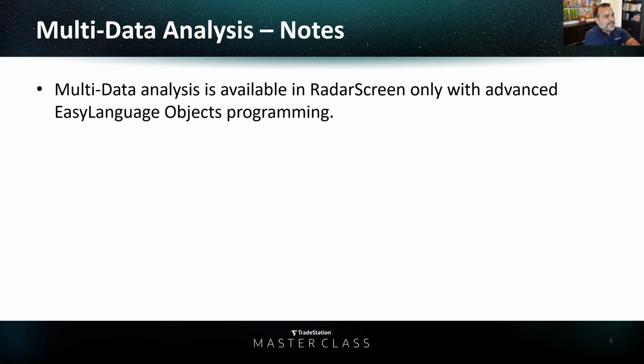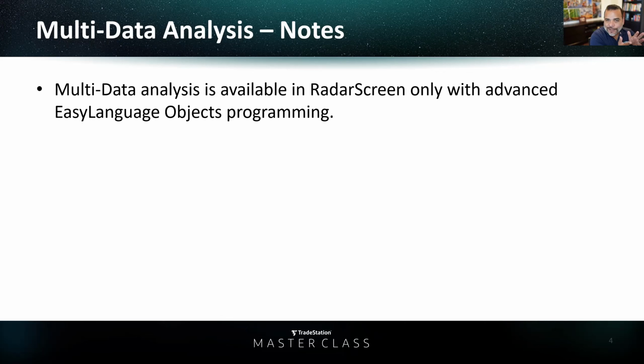Multi-data analysis is available in Radarscreen only with advanced EasyLanguage objects programming. This is important because what we're going to do in charting, which is add symbol, it's not something supported on Radarscreen. In Radarscreen, every single row is one symbol. And you cannot say reference row number 1 and row number 2. If you want to combine symbols, that's something that is not possible.